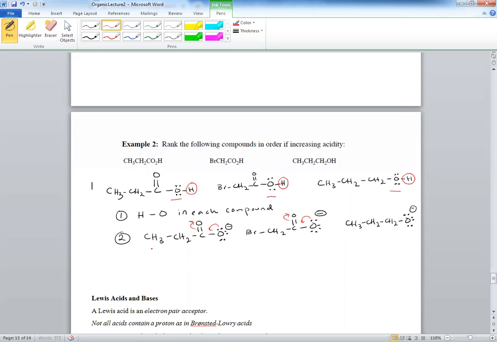So they both have resonance, stabilized. Also, this one is resonance stabilized. Does this one have resonance? Nope, there's no resonance.